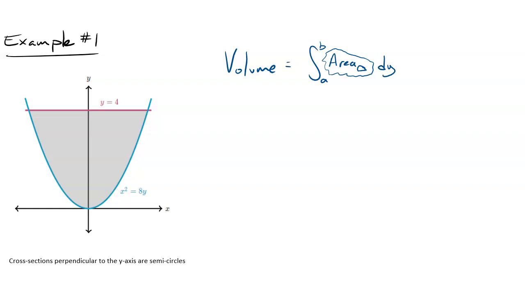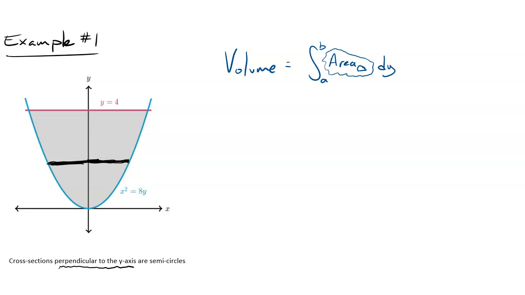So right here, when it tells us it's perpendicular to the y-axis, my bases would be perpendicular to the y-axis. And this question is slightly different than ones we had yesterday because this is using the whole parabola. So my cross section is going to sit flat like this. Now, I know it's going to be in terms of y because it's horizontal.